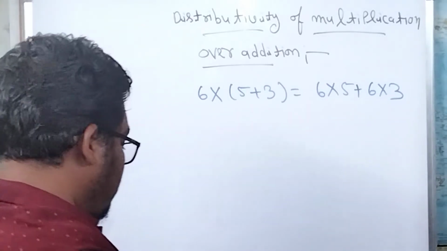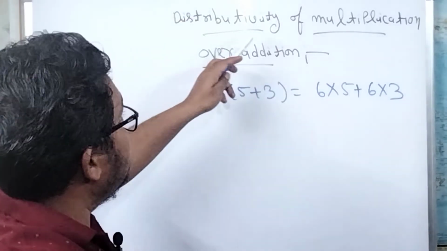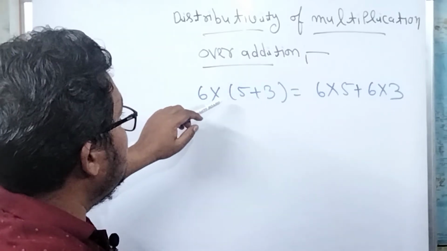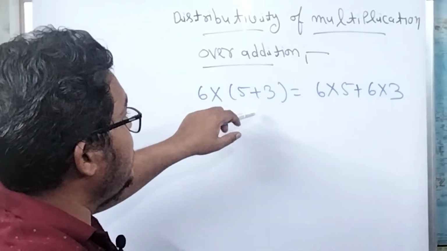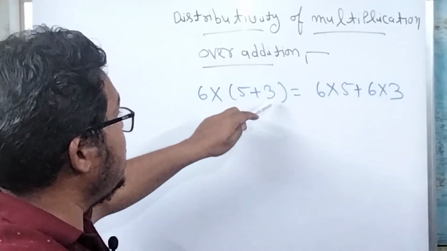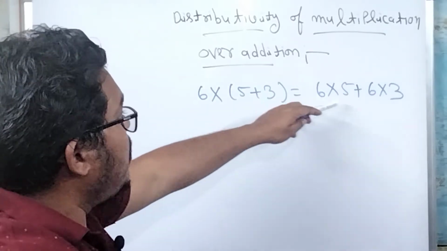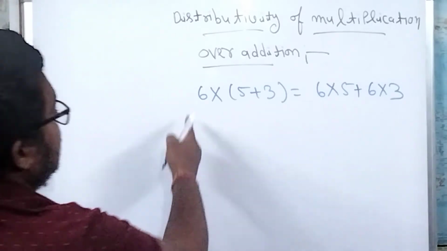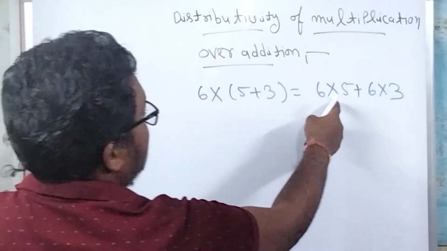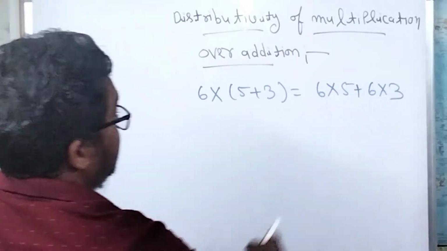Friends, in this rule of distributivity, we see that 6 is distributed on both 5 and 3 in order. 6 × (5 + 3) is equal to 6 × 5 + 6 × 3.